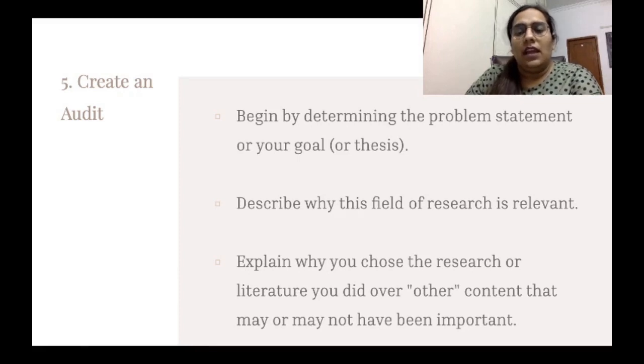So the next thing is to explain why you chose the research. Explain the theorems, or why you chose this kind of theorem or research, and the literature you reviewed over other content.